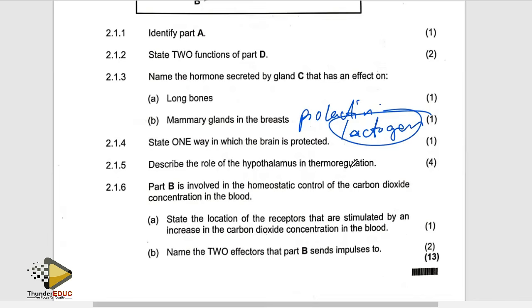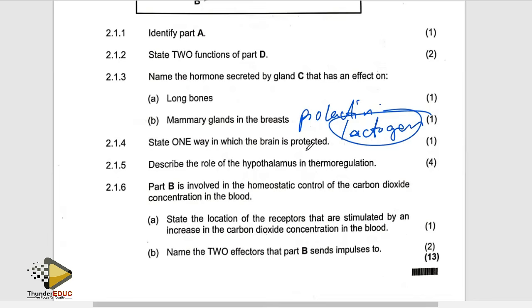It does not stop there. Remember, thermoregulation involves the skin and the sweat gland. So it will also influence the sweat gland, either by producing more sweat or less sweat. So basically you can say that it receives and interprets the impulse from the receptor, that is the skin, and also sends the impulse to the blood vessels of the skin, either to constrict or to dilate.